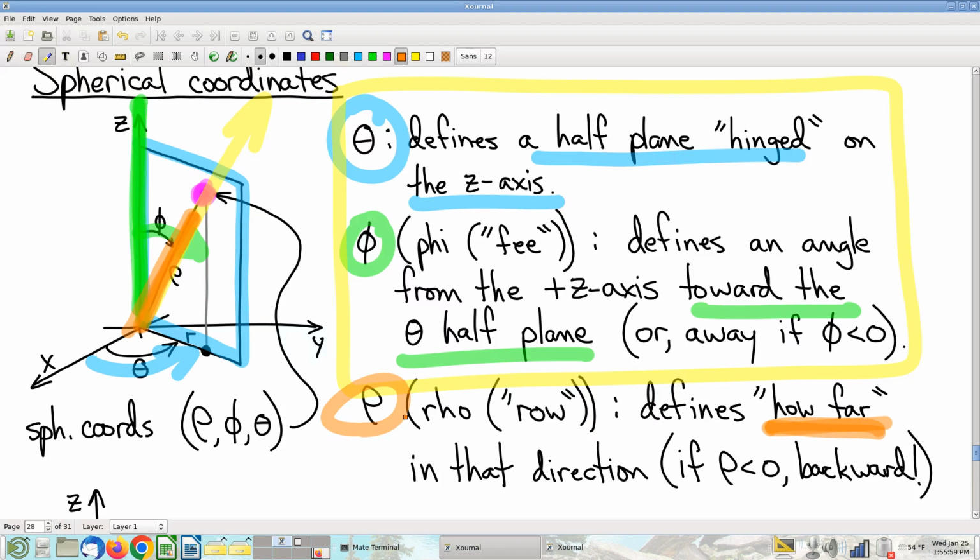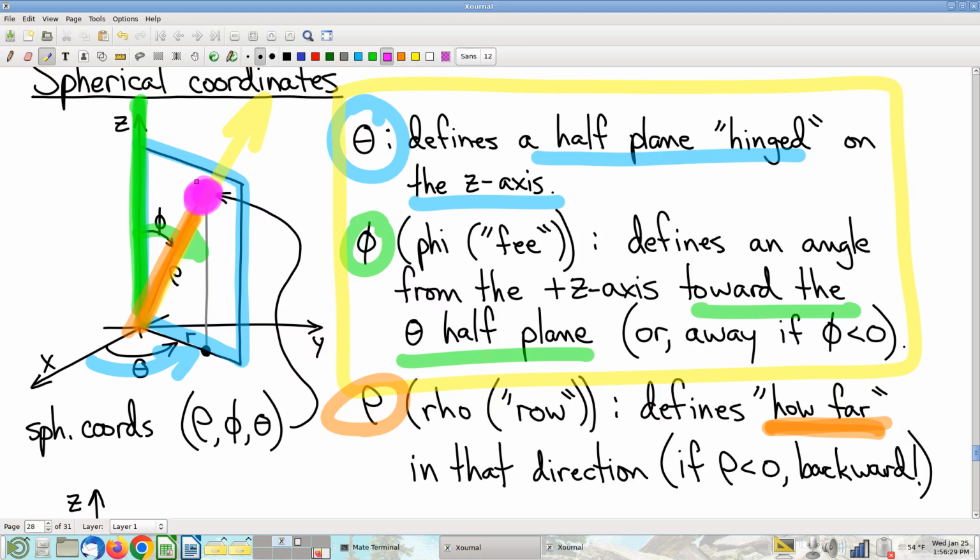Of course, there is the possibility that this rho might be negative, in which case just go the opposite direction. So with that disclaimer, it's how far you go in the yellow defined direction. And with those coordinates all known, notice that gets you to your point. All right, so these are our three spherical variables. Everybody see the picture there?